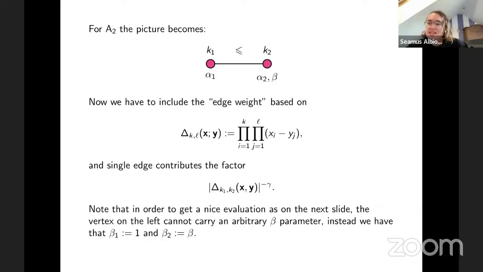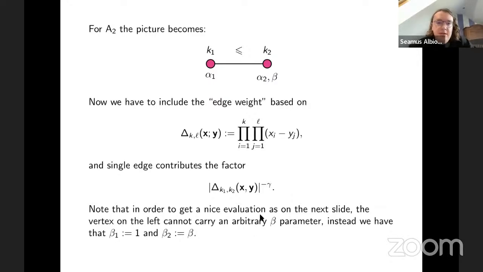I will mention this later, but the Selberg integral is related to a Cauchy type identity. That's definitely the case. But this edge weight looks a bit Cauchy-like, but it arises for a slightly different reason than the appearance of the Cauchy identity. But the Cauchy identity is really hiding behind all of what I'm talking about. Okay. Thanks.